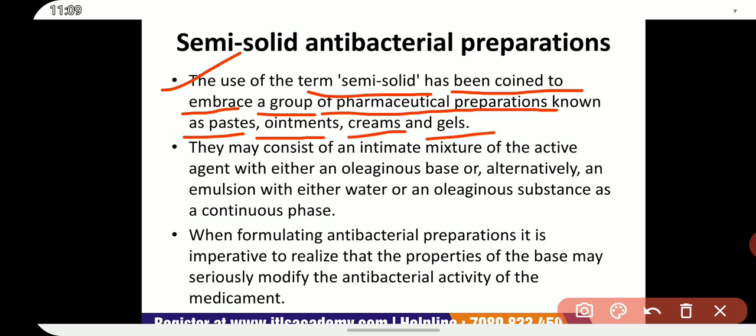The chief feature which distinguishes the first three is their viscosity, or to use a more descriptive word, their stiffness, which decreases in the order of paste, ointment, and cream.